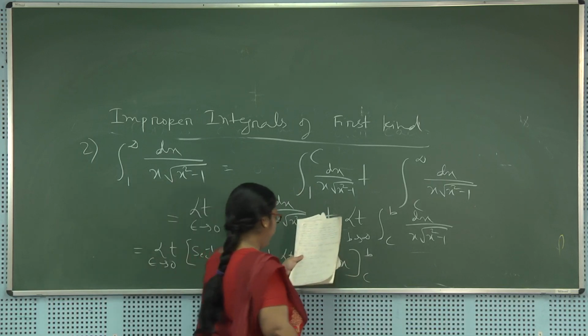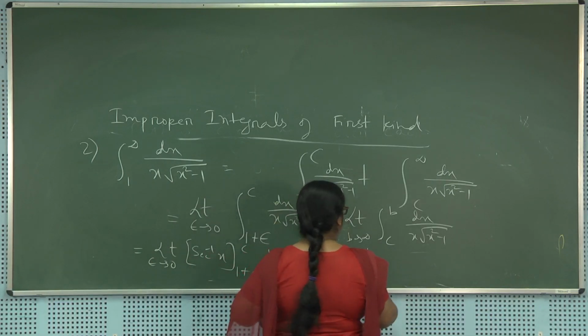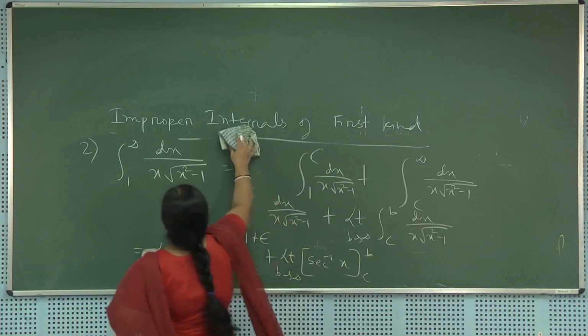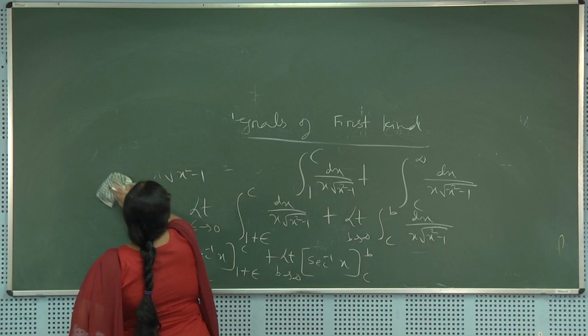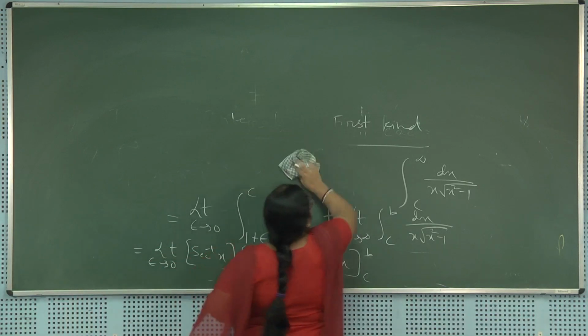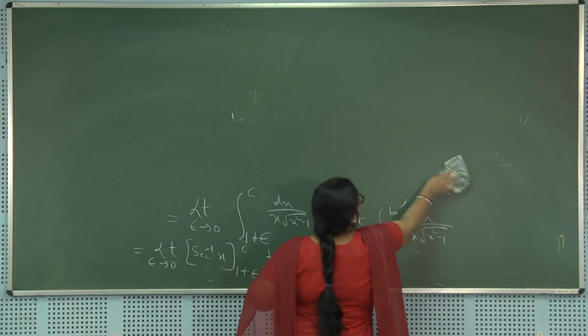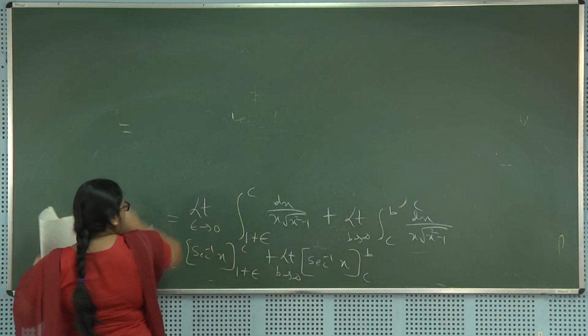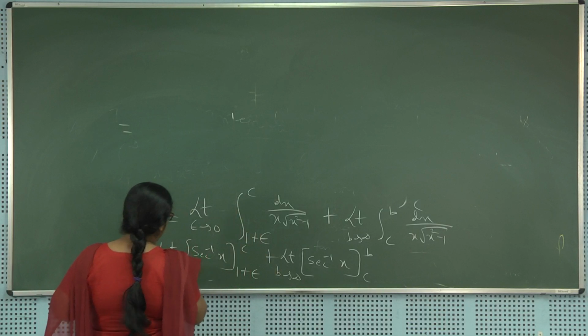Then you can put in the limits. Some terms will cancel. So, as soon as you put the limit, it is sec inverse of c, with epsilon going to 0.